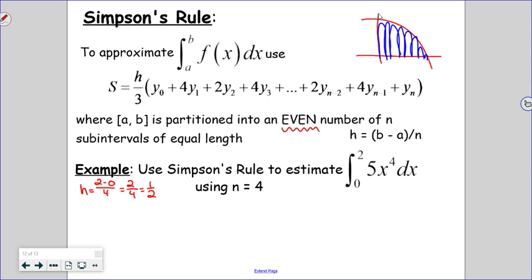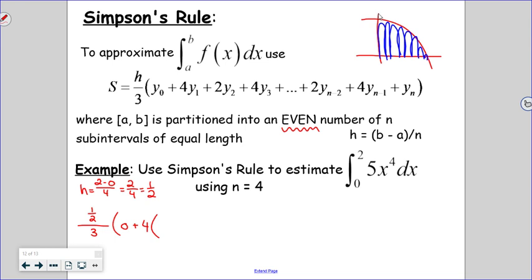So our Simpson's rule approximation for the area under our curve would say 1/2 divided by 3, which would be 1/6, right? And then starting at the bottom of that interval, plugging that into our function, 0 to the 4th is 0 times 5 is 0. And then after we put the first value in there, we will multiply the next value by 4, and now start alternating 4, 2, 4, 2 as we work our way through.